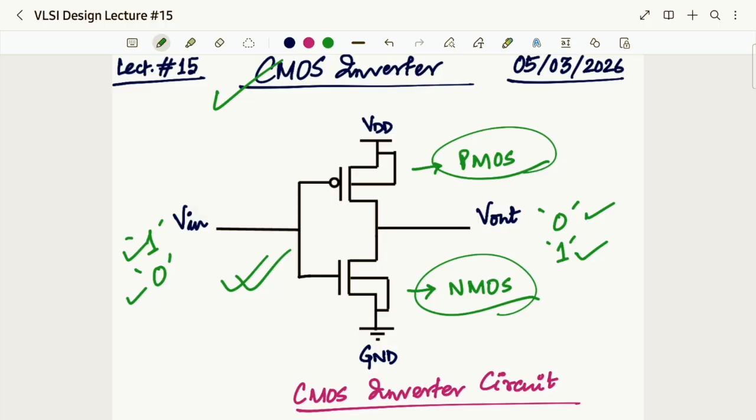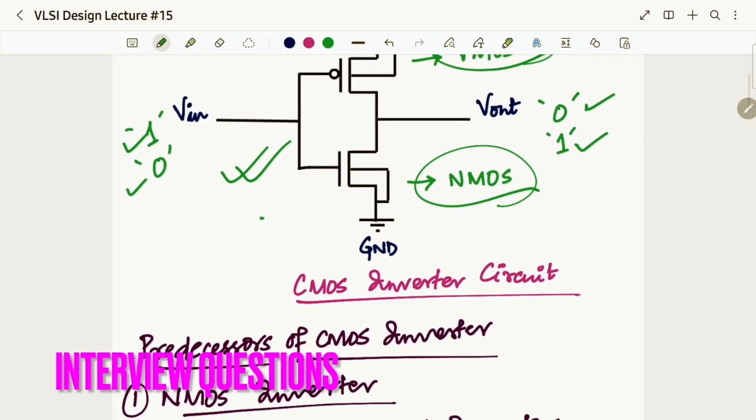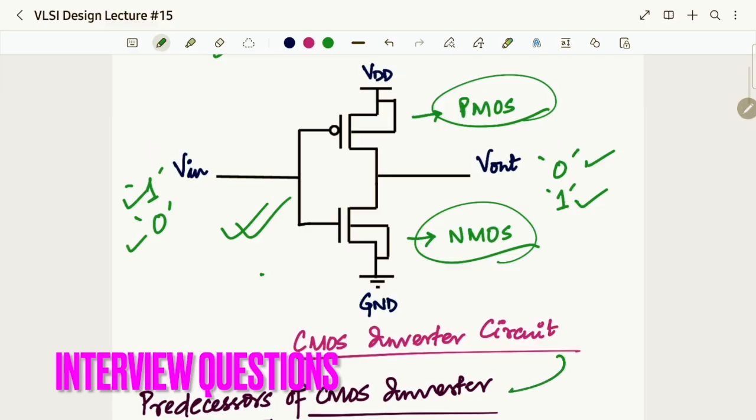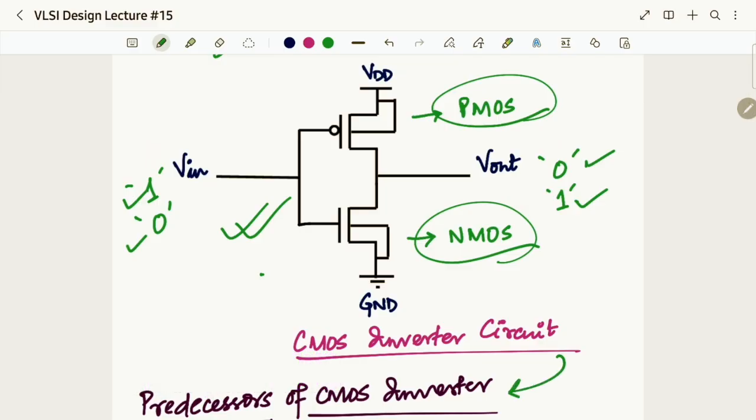If you are an electronics engineer, you are very sure of this: if a circuit is working for us, that means there will be some predecessors of the CMOS inverter. That means there will be some circuits that came before our CMOS inverter but were not giving us the desired output that we needed.